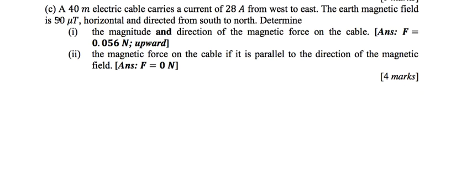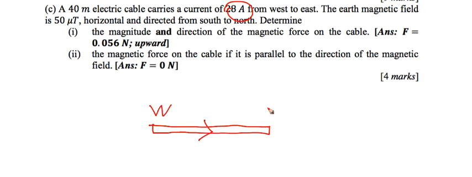Next question, number C. A four electric cable carries current 28 ampere from the west. So let's say this is the cable. The direction of the current here is from the west to east, right? And the Earth's magnetic field B is horizontal and directed from the south pole to the north pole.